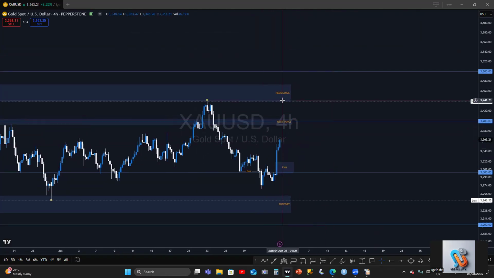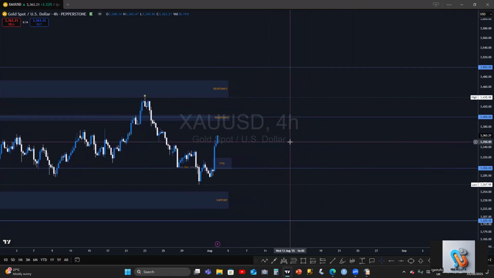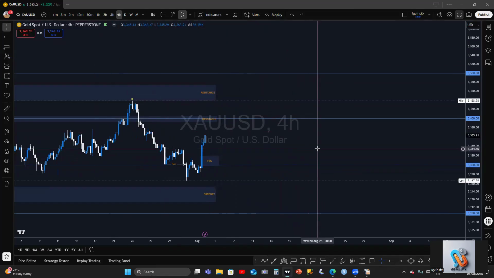But if it breaks above this place, then we'll be hoping for this level to hold as well. If it holds, that means price is going to come down from here. It's going to reverse from here. But if it didn't, let it break. If it breaks above it, let price come back to retest this level, then we can now buy.